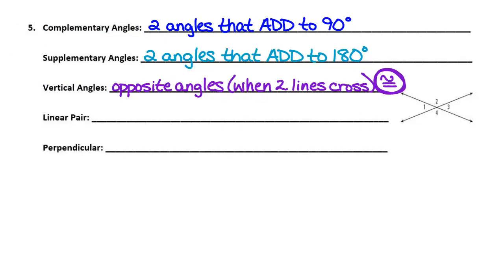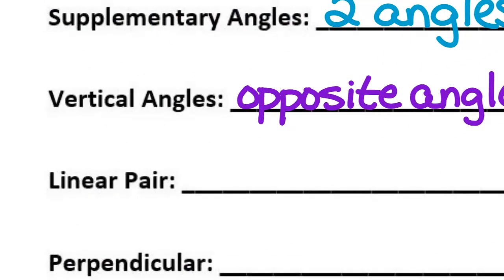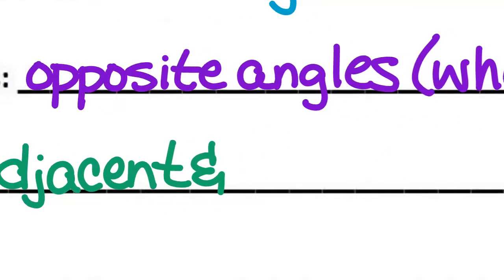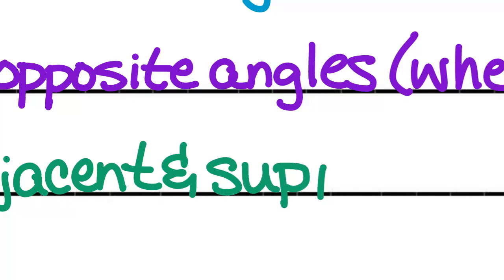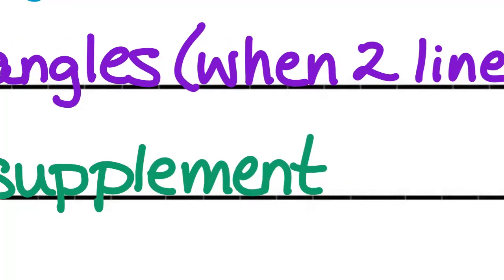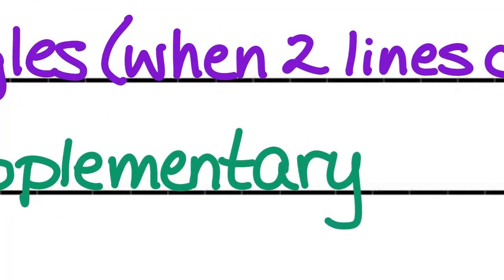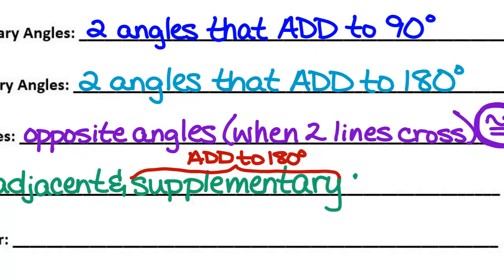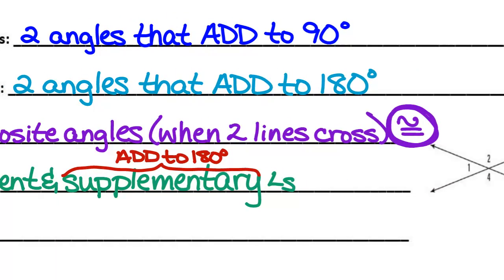Linear pair angles are adjacent and supplementary. Adjacent and supplementary, they add to 180. They make a line together.